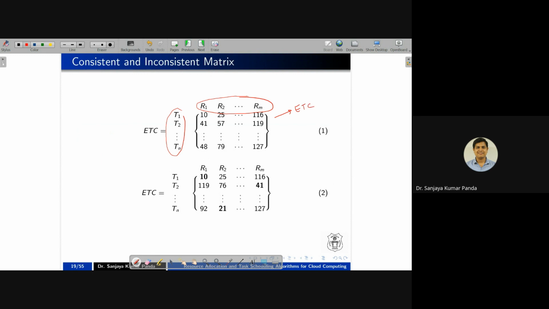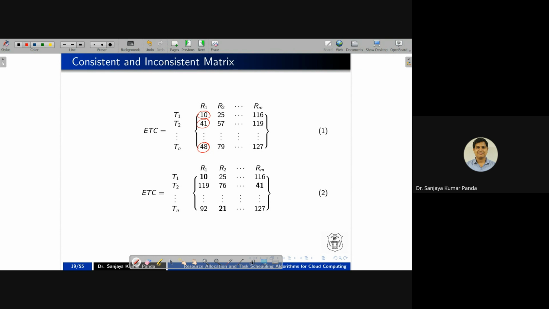Now tell me, for task T1, which machine is better? Obviously the machine which takes less time is better, so R1 is better. For task 2, which machine is better? R1 only. For task M, which machine is better? Again the first machine. That is called a consistent matrix.